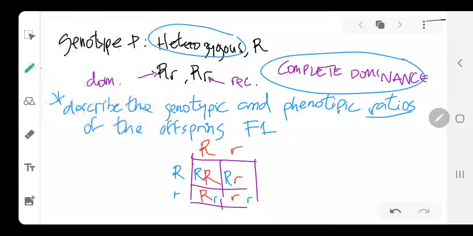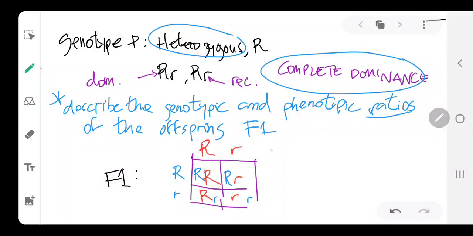The question is asking, what are the genotypic and phenotypic ratios of the offspring generation? This is F1, every offspring in the Punnett square. What the Punnett square tells you is that any one out of 4 of these offspring has a specific genotype and a specific phenotype.